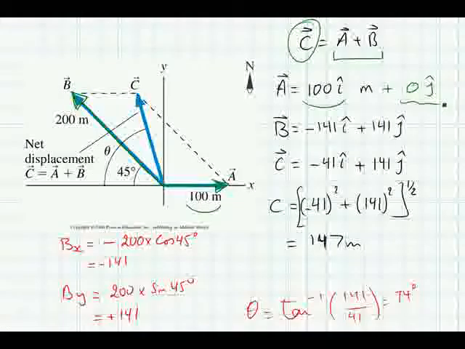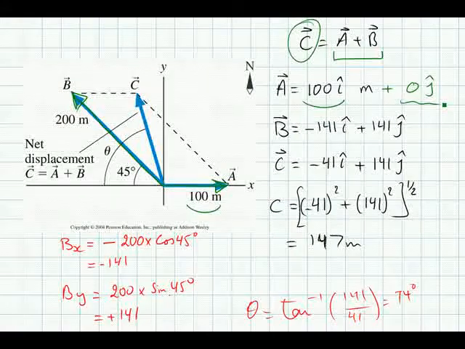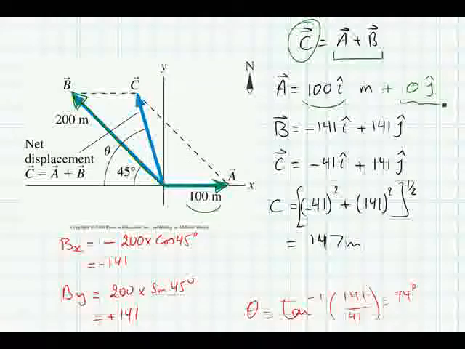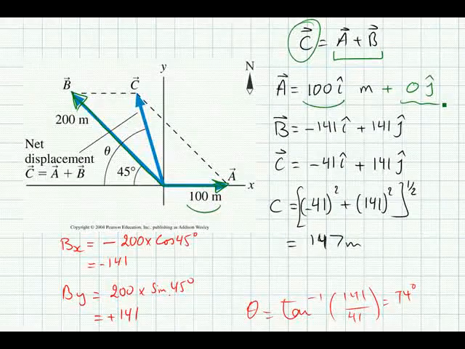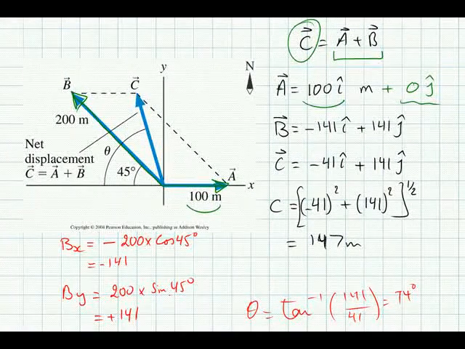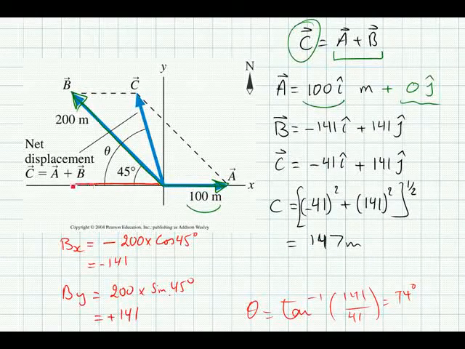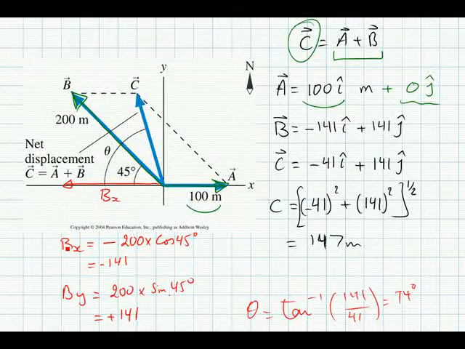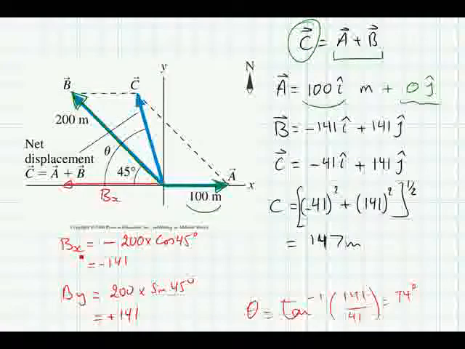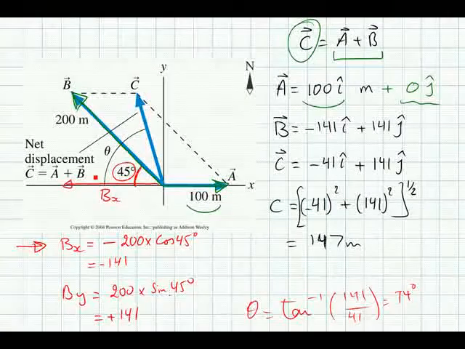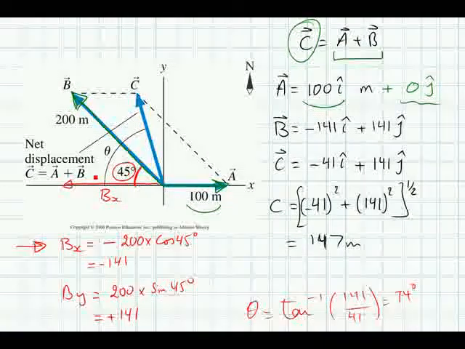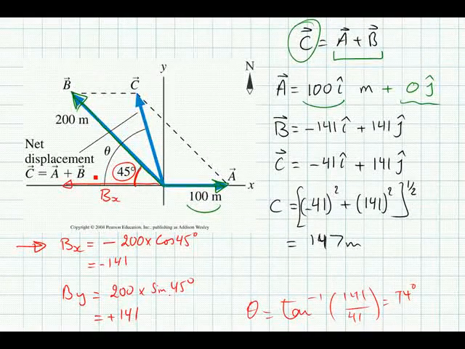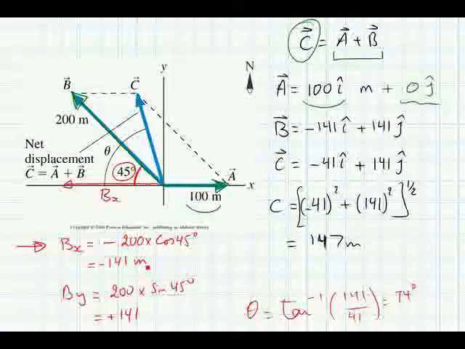Vector b, we need to figure out the x and the y components, or the ij components of vector b. To do that, you use the sine and cosine identities. So here is bx, and bx is negative 100 cosine of 45 degrees, because this is a 45-degree angle that b makes with respect to the negative x-axis, and that's minus 141 meter.